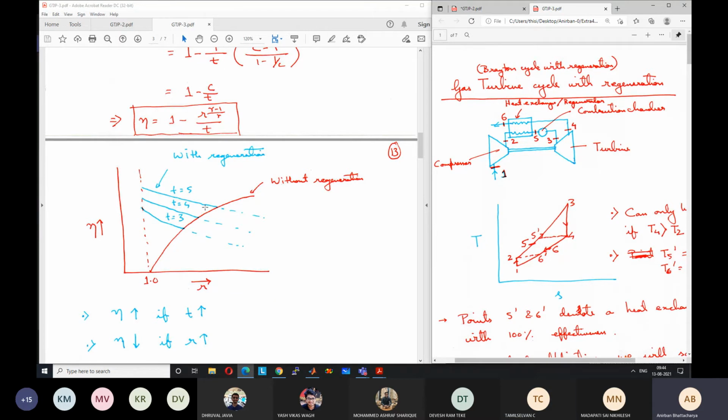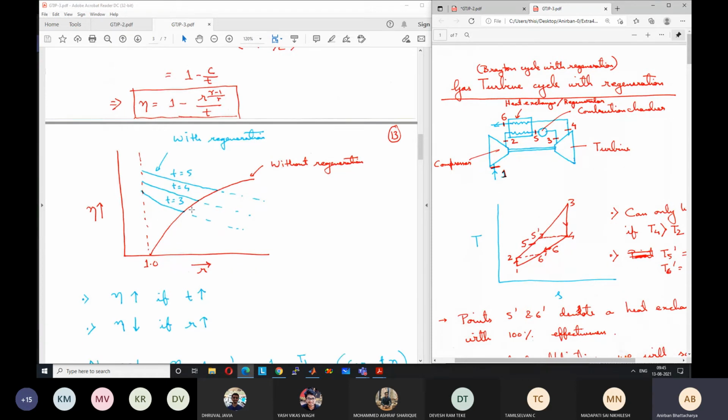Generally, regeneration cycles we operate at slightly lower than optimum work output, to get a better efficiency, and still the work output remains quite high. There is no point in going beyond this optimum value of work output because the efficiency will become lower for the regeneration cycle. So somewhere around here, we will have high efficiency and reasonable work output also.